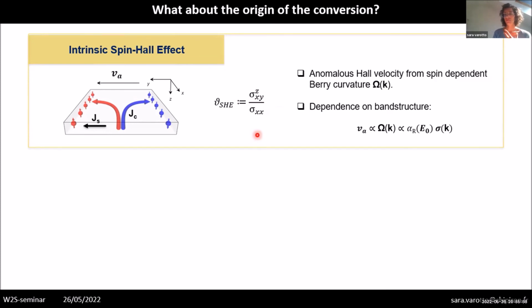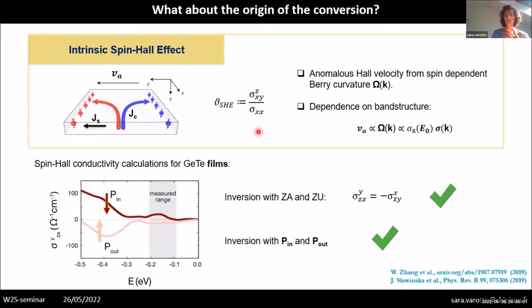In our case, our collaborators computed this sigma tensor for germanium telluride thin films, and what I found is that the component that we are measuring with the spin pumping changes sign depending on the ferroelectric polarization.